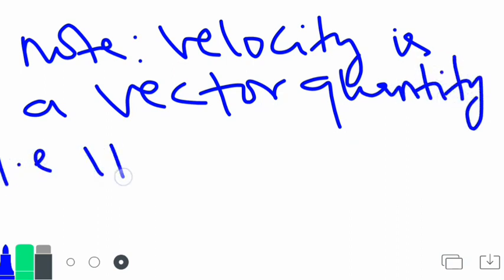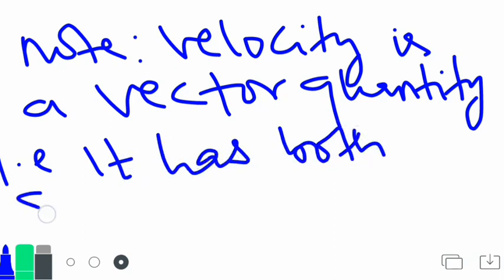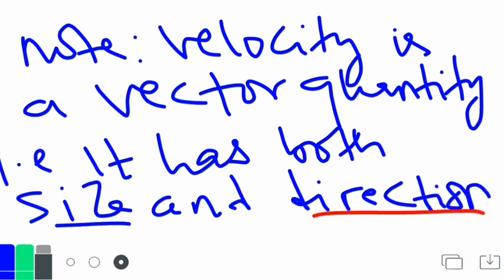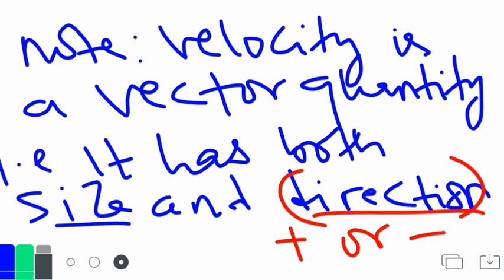Meaning it has both size and direction. So by direction, we mean positive or negative. So you can have -2 meters per second, -3 meters per second, and so on. And the size is the actual number of what velocity is all about.